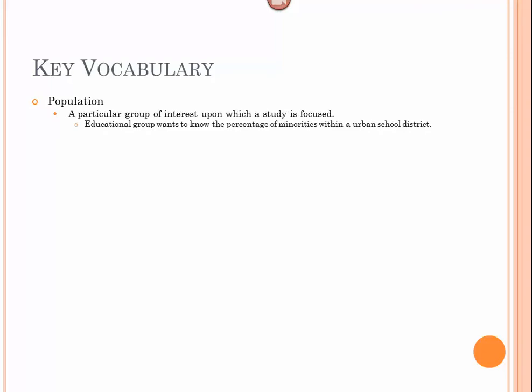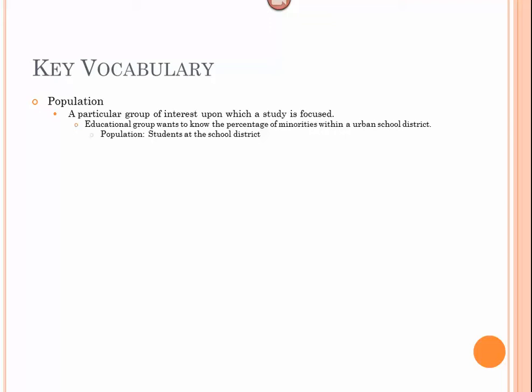So for example, if we were an educational group wishing to know the percentage of minorities within an urban school district, think about the wording of that scenario and decide what would be the target population of the study. The answer is students in the school district.